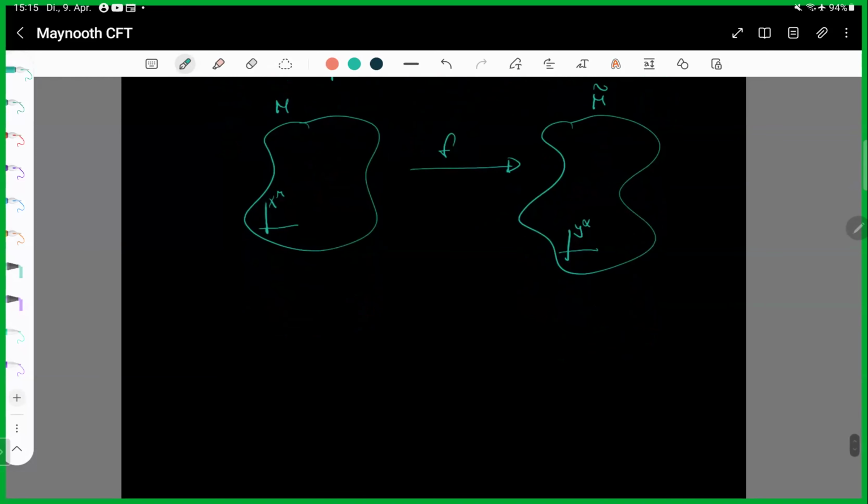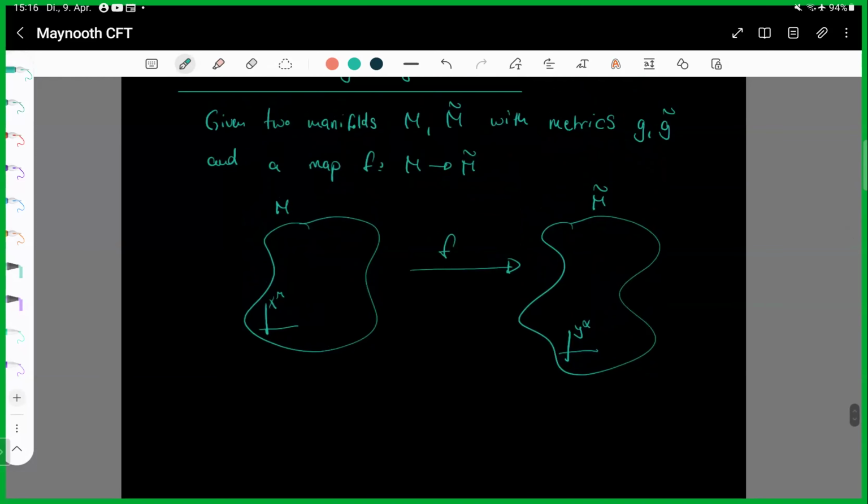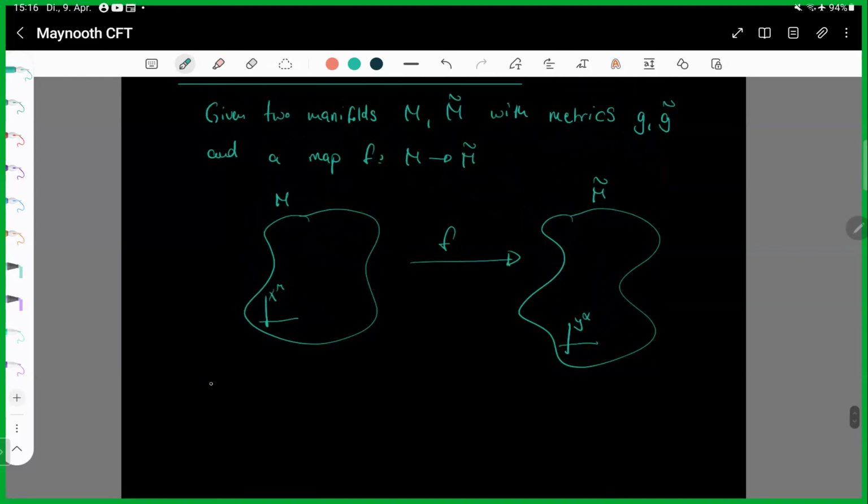And there is a notion of measuring distances. So distances are measured on M by the metric g, and then the same on M twiddle by g twiddle.